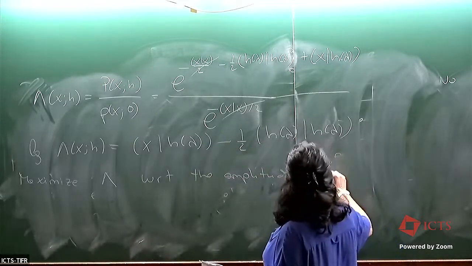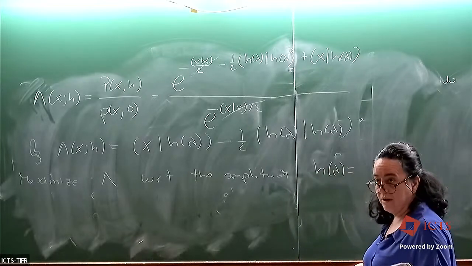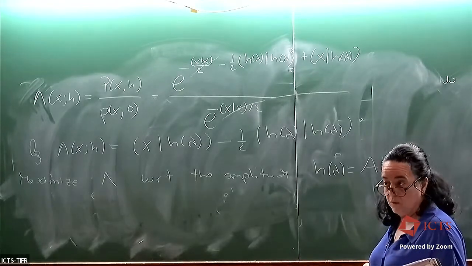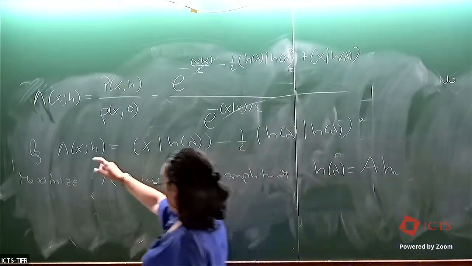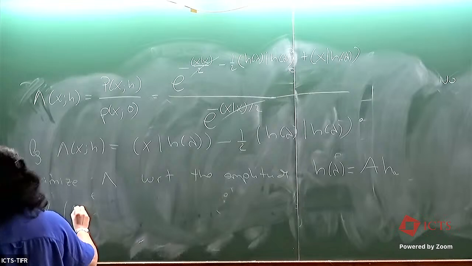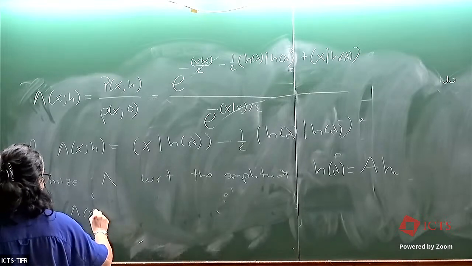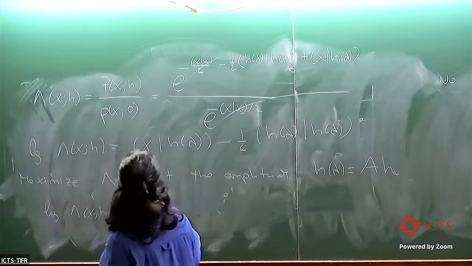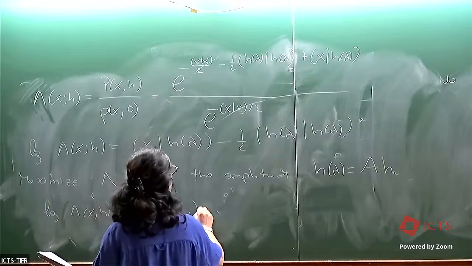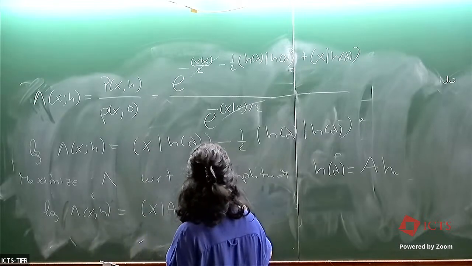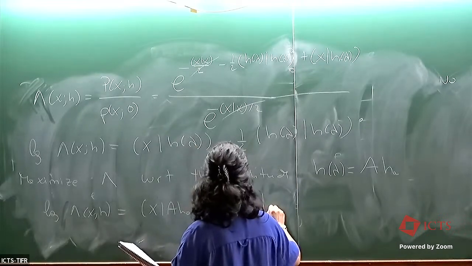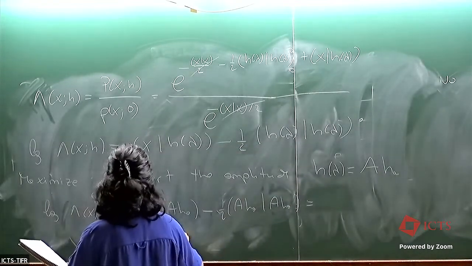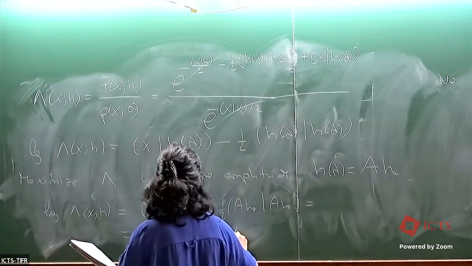So if I rewrite my signal as a given amplitude times another one, just to scale, then the log of the likelihood I can write as x with h0 A minus 1/2 A squared, that is A times x with h minus 1/2 A squared h with h.